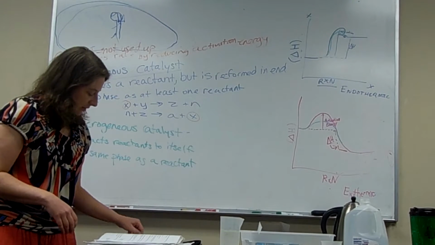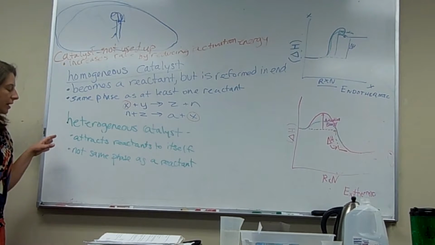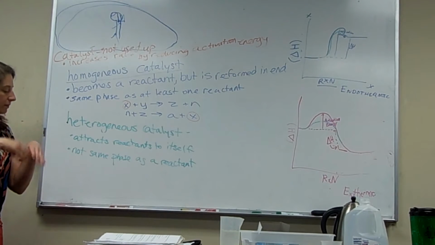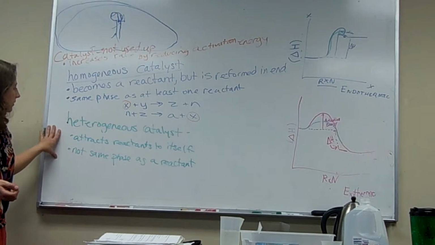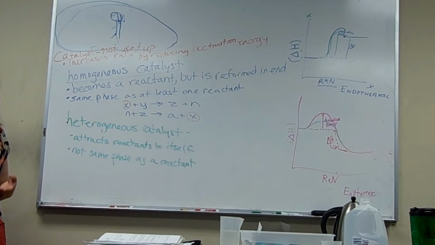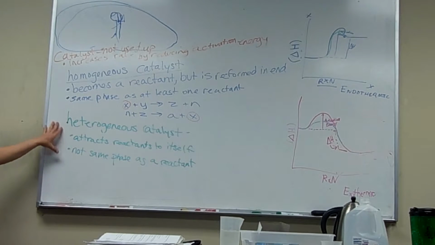So last week we talked a little bit about this, that our yeast in peroxide was a heterogeneous catalyst because the yeast is solid and the peroxide was aqueous.